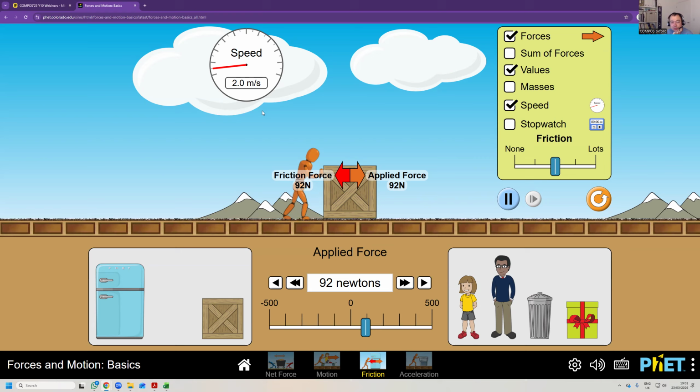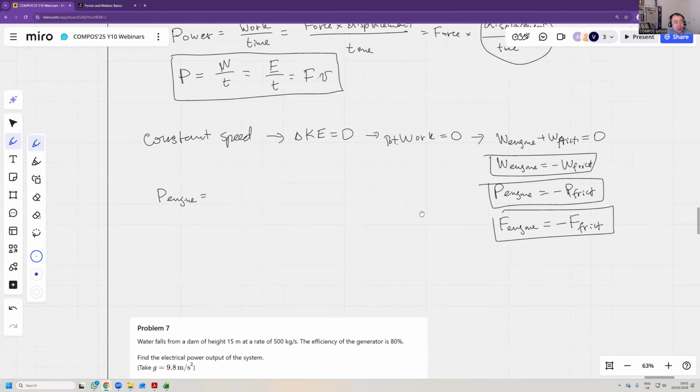So in order to move at constant speed, my force must exactly equal the frictional force. If I want to go faster, I increase the force, and that speeds me up. But if I go back down to 92, I remain at constant speed. It is because of net force, yes. It is net forces here.